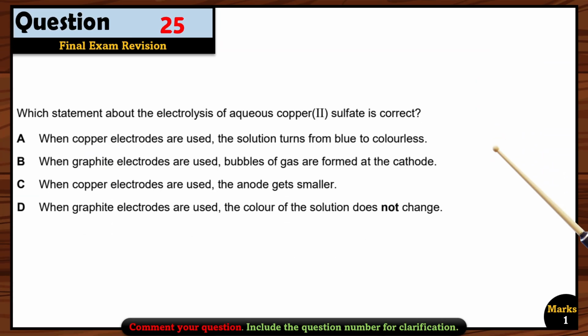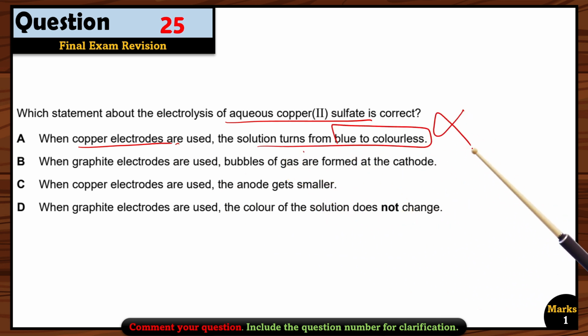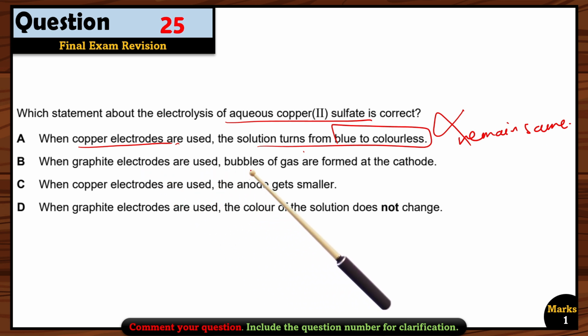Question 25. Which statement about the electrolysis of aqueous copper sulfate is correct? When copper electrodes are used, the solution turns from blue to colorless. That's wrong. The solution will remain the same. It will remain same when you are using copper electrodes. When graphite electrodes are used, bubbles of gas are formed at the cathode.